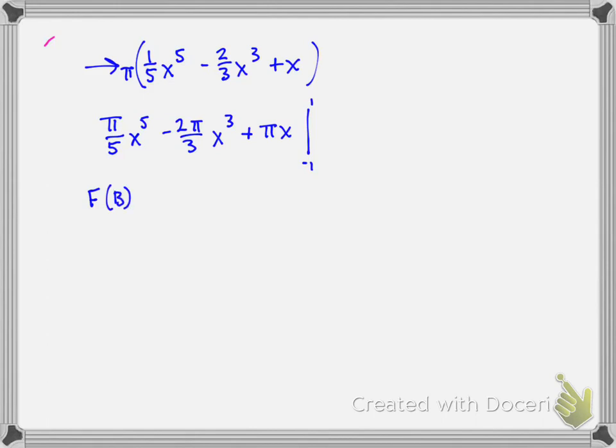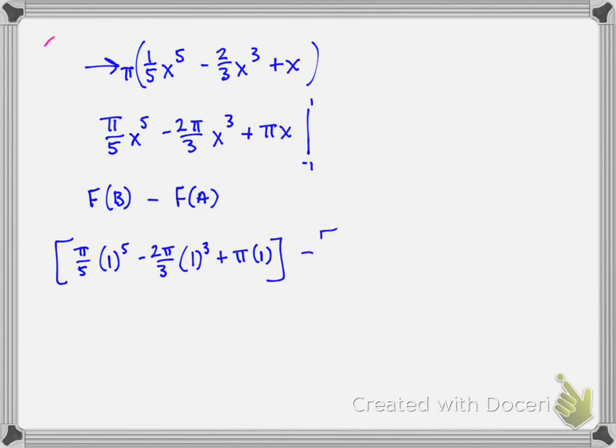So f at b minus f at a. Okay, so f at b is pi over 5 times 1 to the 5th minus 2 pi over 3 times 1 cubed plus pi times 1, minus pi over 5 times negative 1 to the 5th minus 2 pi over 3 times negative 1 to the 3rd plus pi times negative 1.